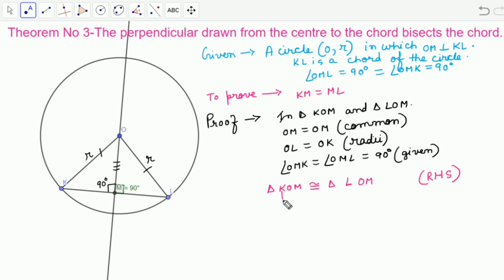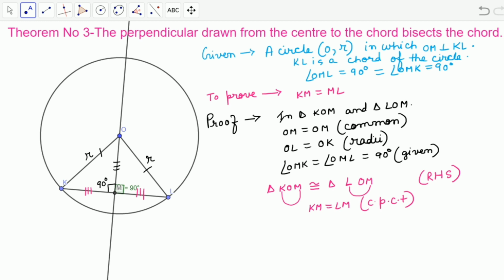Now, if two triangles are congruent, the corresponding parts are also equal. So obviously KM equals LM. Why? Because of CPCT, right? KM equals LM, and thus we have proved that this length is equal to this length.